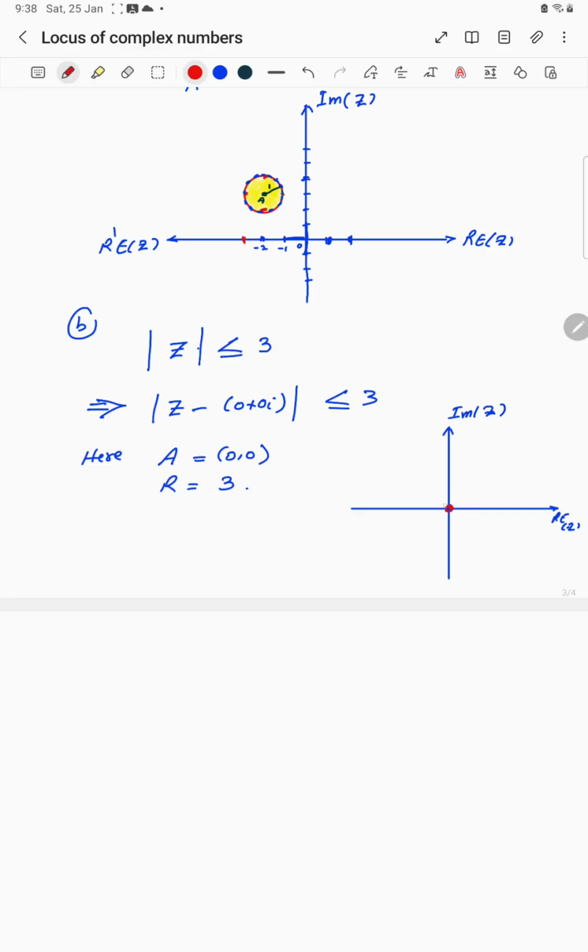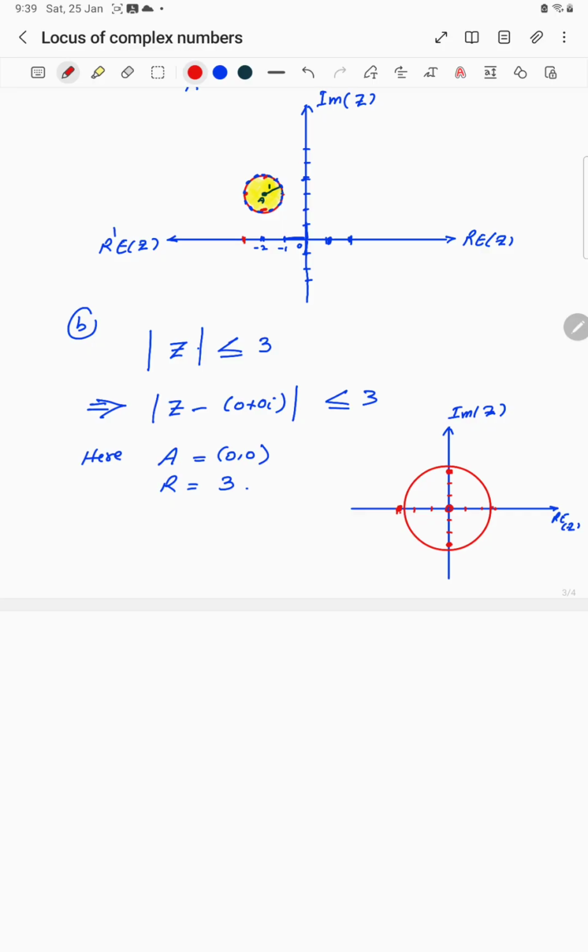As the radius is 3, you have to go 1, 2, 3 units towards the right of this fixed center point, and 3 units towards the left of it, 3 units above, and 1, 2, 3 down. If you join these, we will get a circle like this. I hope it is clear.